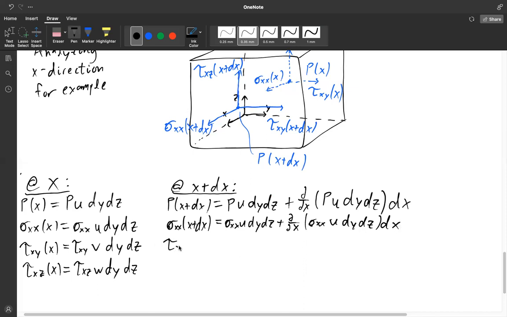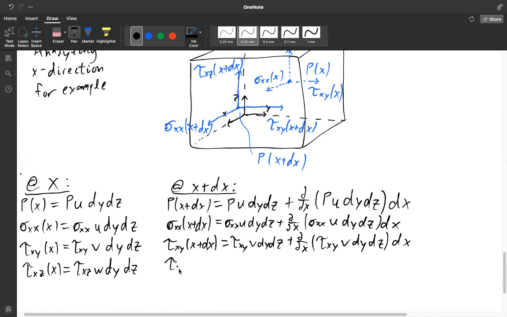Next we have tau xy evaluated at x plus dx, which equals tau xy v dy dz plus partial x of tau xy v dy dz times dx.